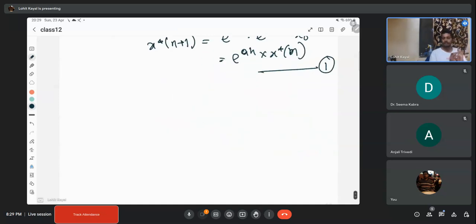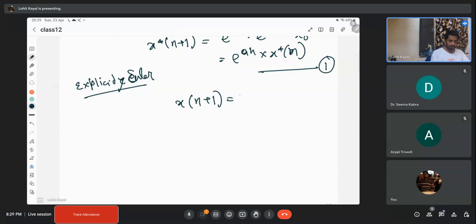Now for the stability, we need to talk about error. With time, if error decreases, then the solution is stable, obviously. So first let's talk about the explicit Euler. The formula is x n plus 1 equal to x n plus h into f of n.